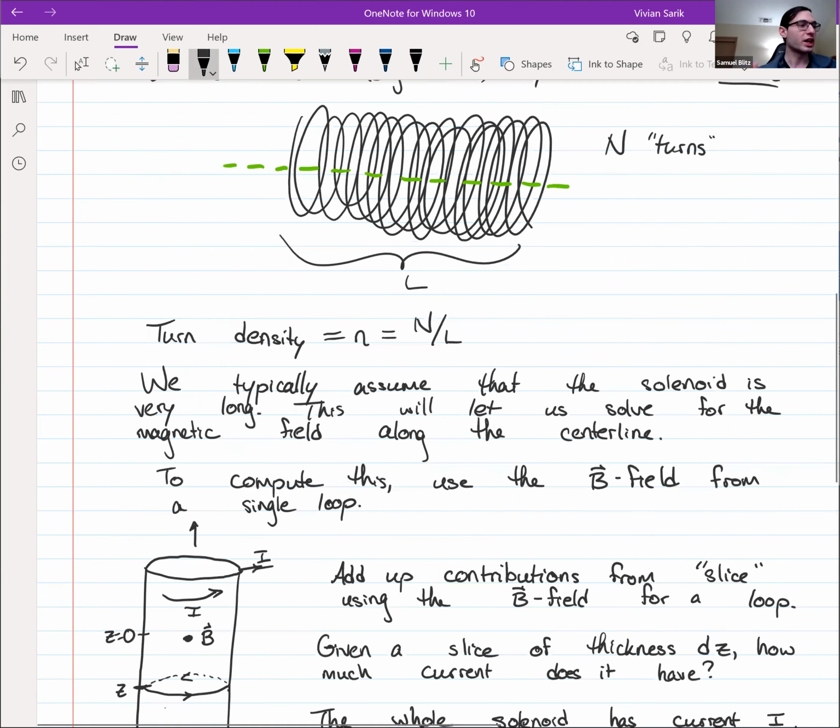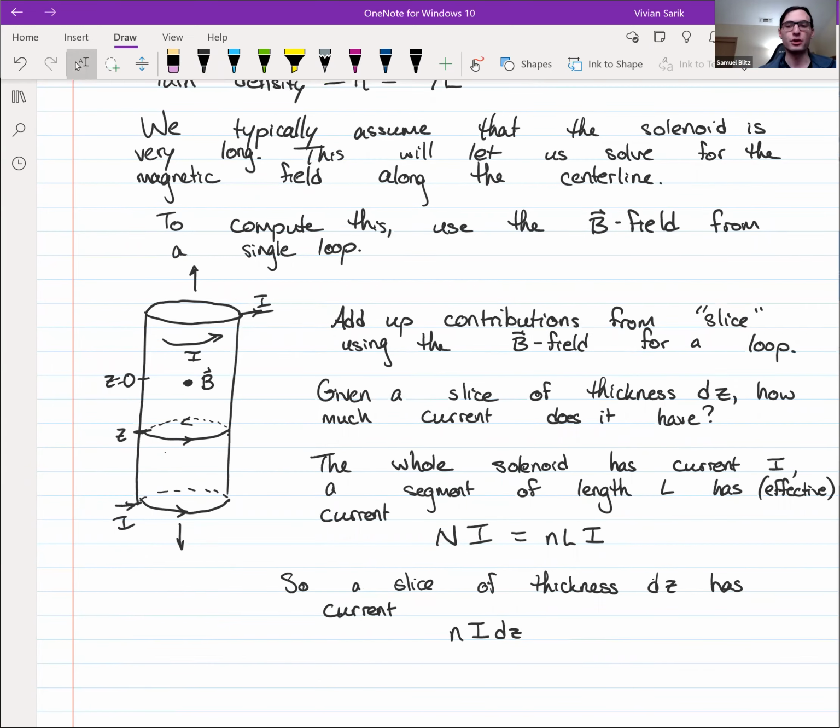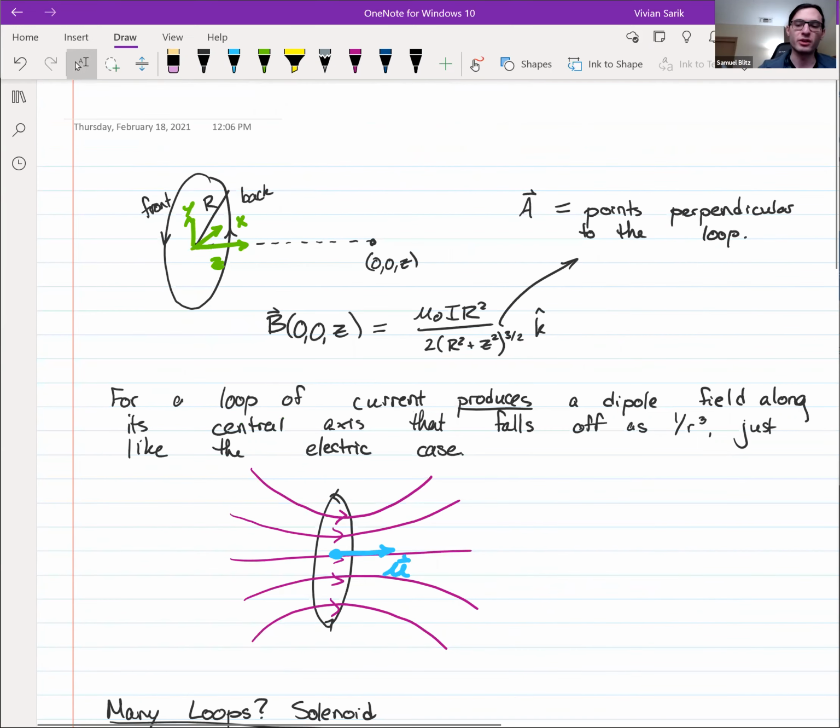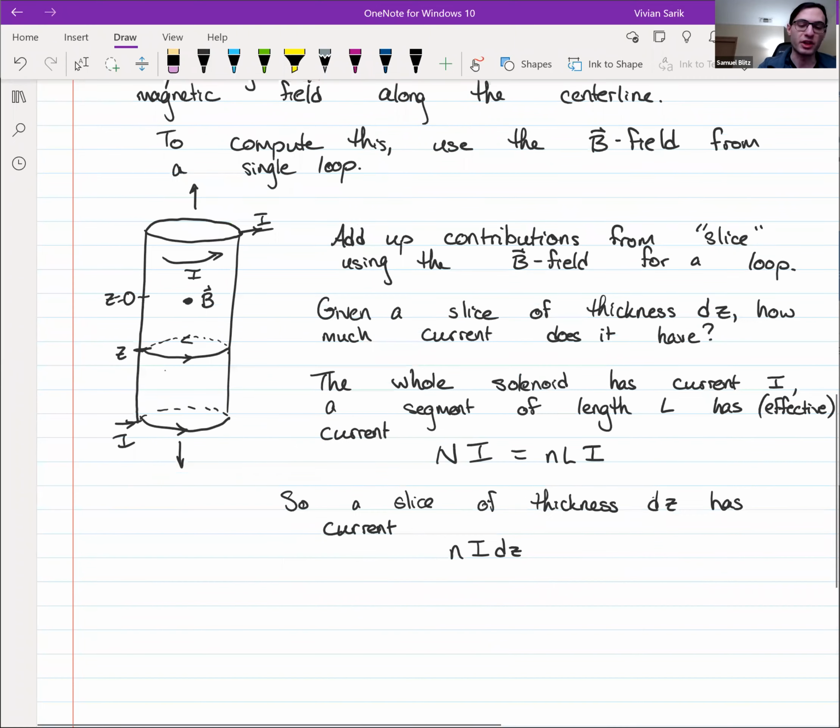Now, the only thing that will be a little bit challenging is we have to figure out what the z here represents: the distance between the center of our loop and the point of interest. The z here is not necessarily the same thing.